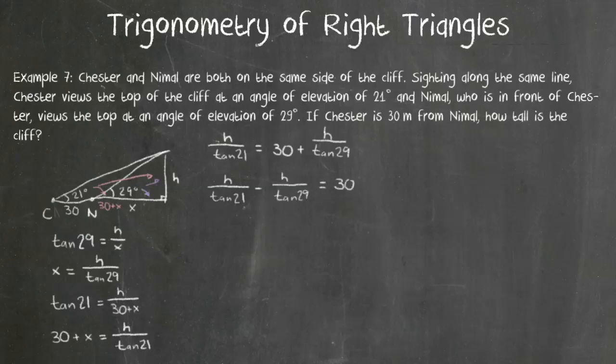Again, I need a common denominator to add those fractions together. So my common denominator is tan of 21 times tan 29. So I multiply my first h by the tan of 29, and my second h by the tan of 21, and all of that is over tan 21 times the tangent of 29. Okay, and then this will equal 30.